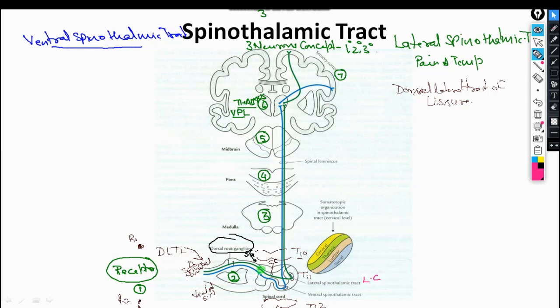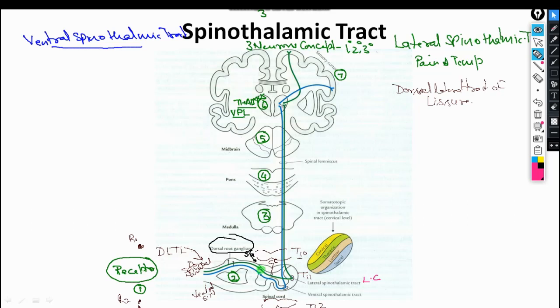Now from the lateral column, this ascends up and passes to the medulla. Then it ascends up and passes through the tegmentum of the pons and ascends up, passes to the tegmentum of the midbrain and reaches to the thalamus.